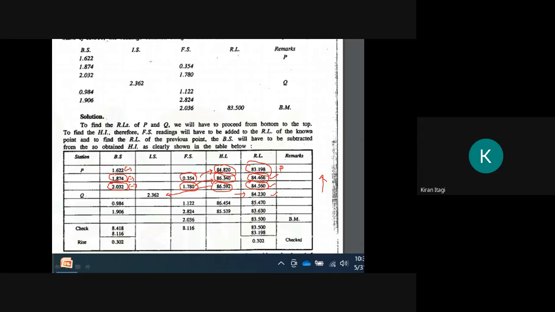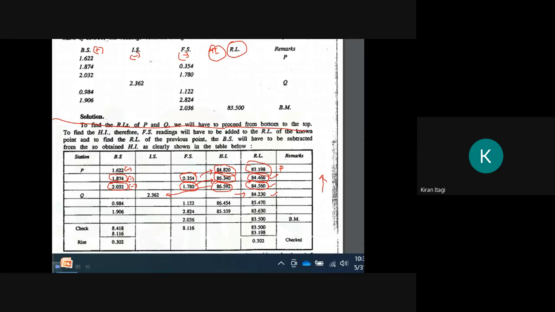See, in the previous problem, in the normal way, we added the back side and subtracted the fore side to get the height of the instrument and RL.